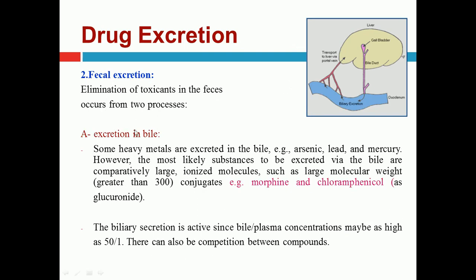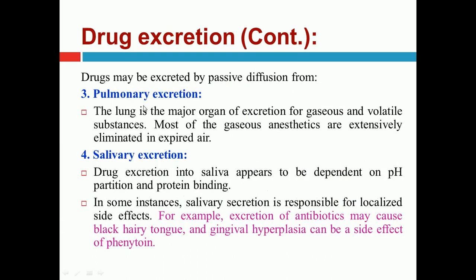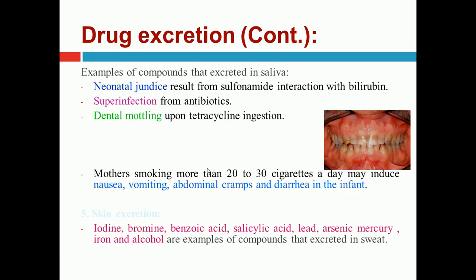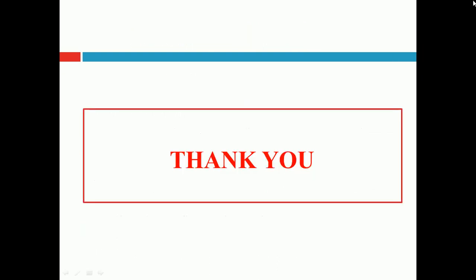Then we have fecal excretion through the feces, pulmonary through the breath, salivary into the saliva, and mammary glands into the milk. Drugs are excreted in milk. This is important when we consider the safety of the drug for the fetus and nursing mother.